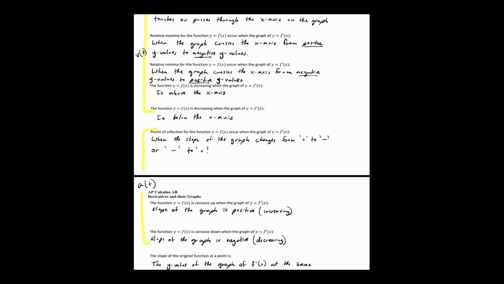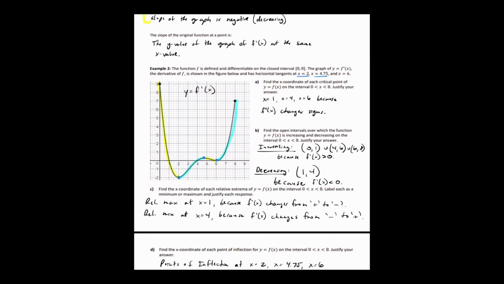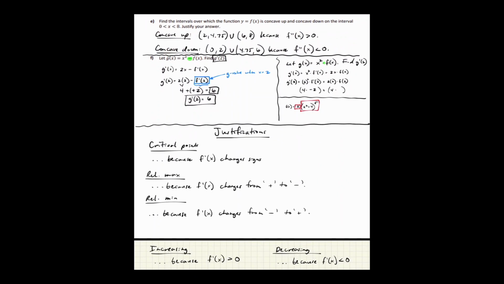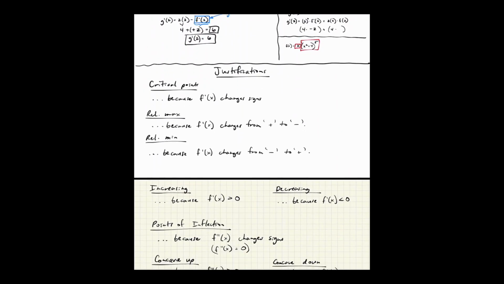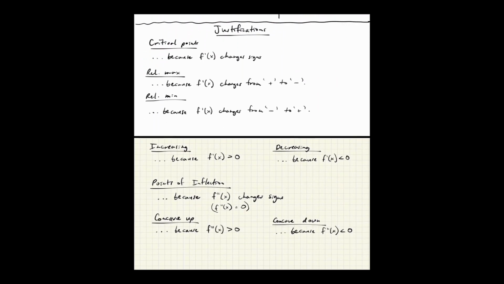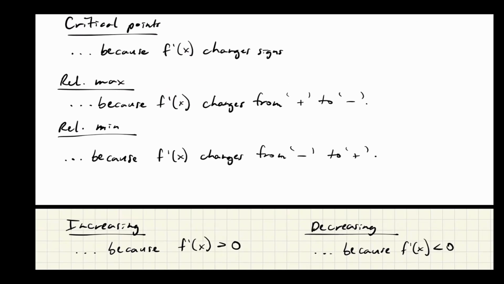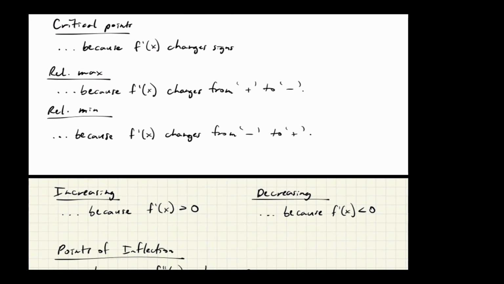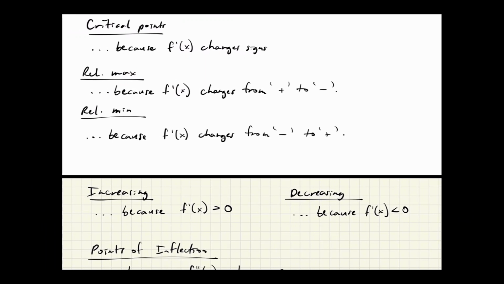Position, original, f of x. Even though it seems different than what we did here, it's the same thing. The justifications are all the same. If they ask me to find where velocity is positive, that's increasing. Where is velocity negative? That's decreasing.